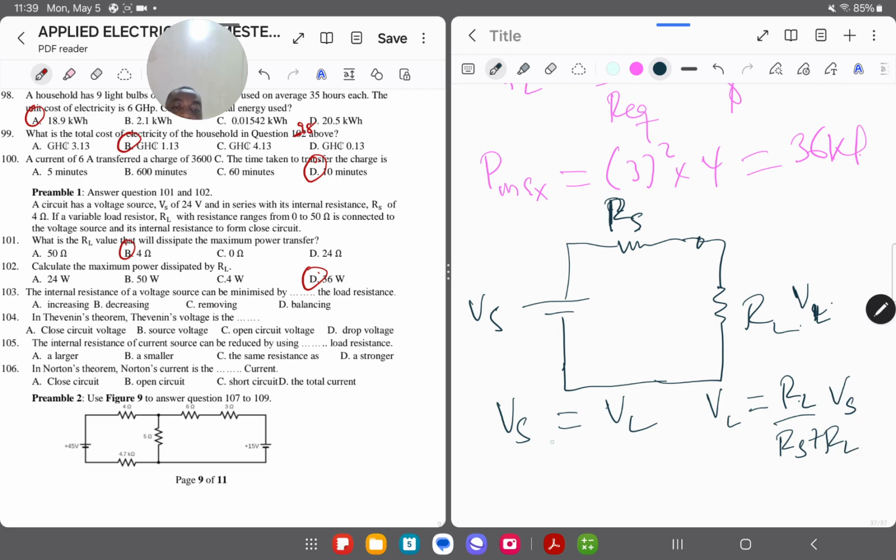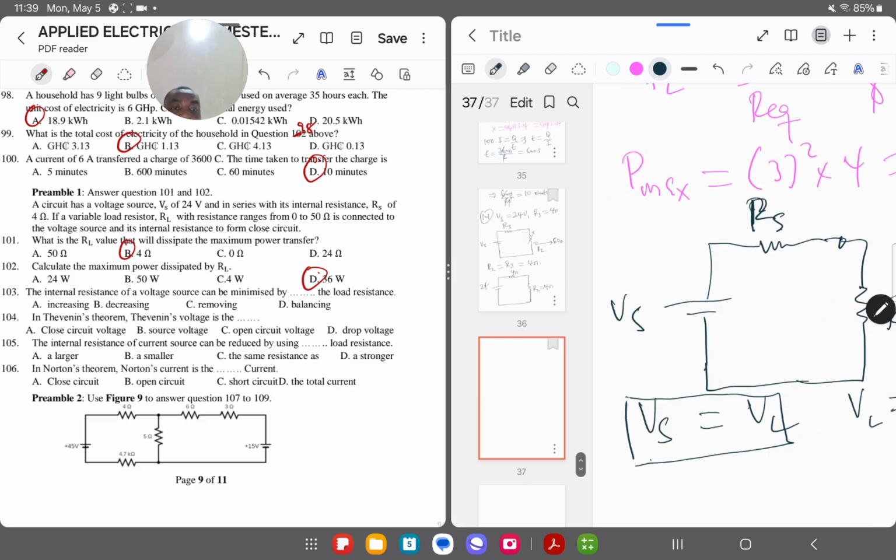So you can see that if I want to get this objective, in order to make sure that the voltage across the load resistor is the same as the voltage source, that means I've minimized the internal resistance of the voltage source. So you can see that this part here, I need that part to be 1, right?